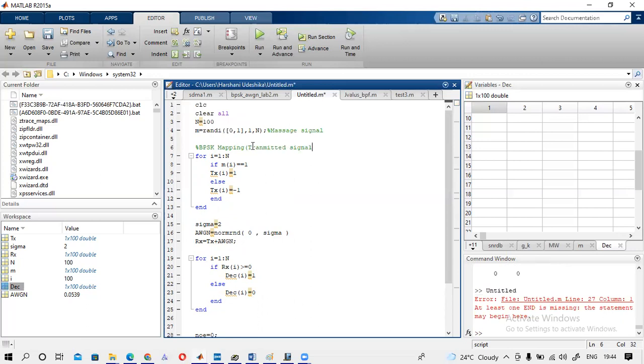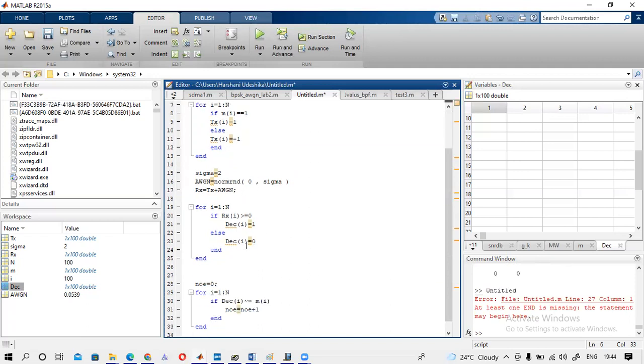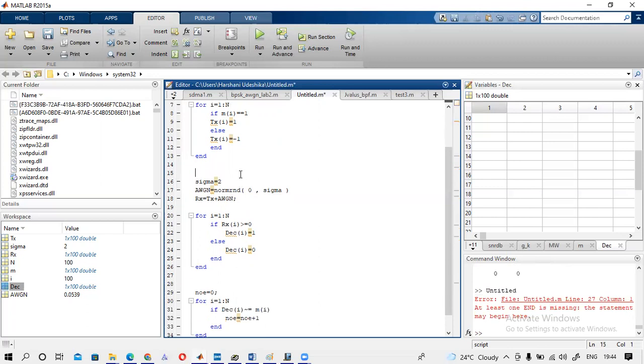Here we are transmitting the signal symbols in an AWGN channel, and your received signal will be the addition of the transmitted signal and noise. So this is the transmission.